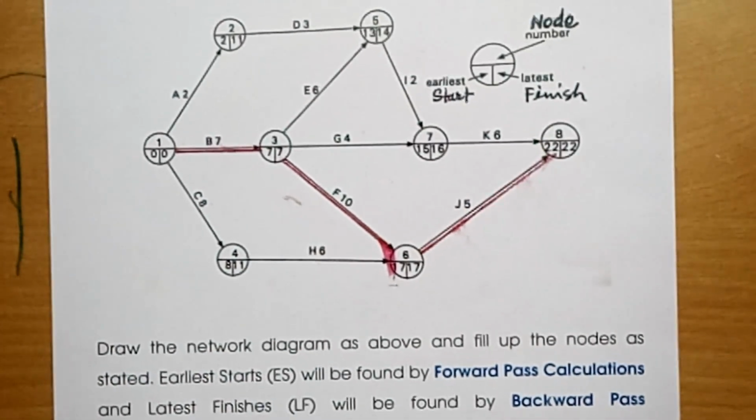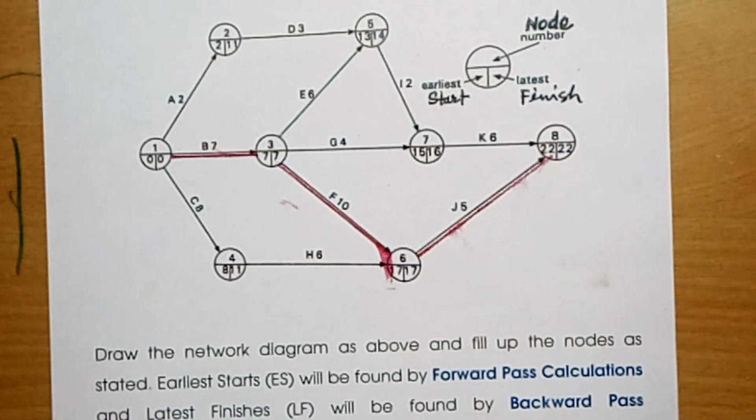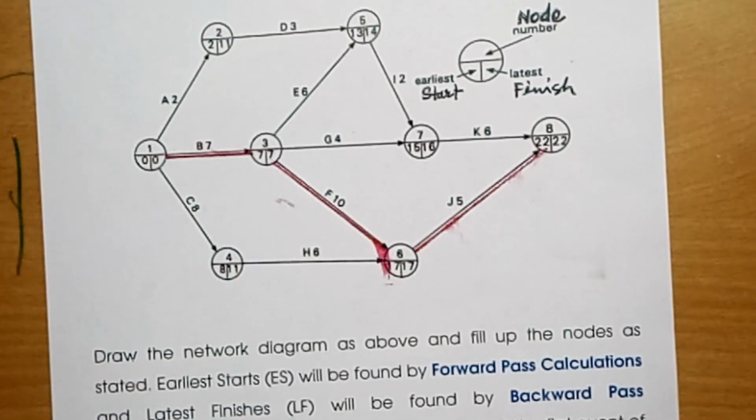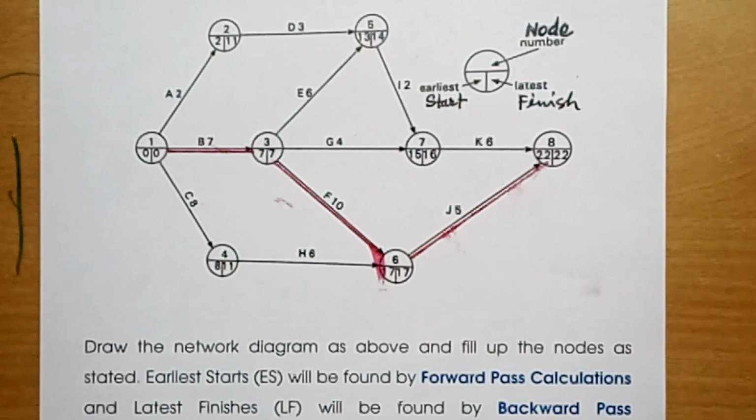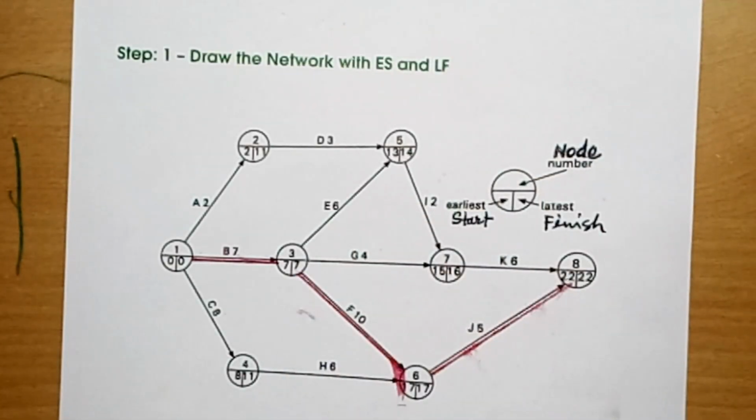Now, obviously, you have understood that there are two methods of finding the critical path. One is to find out the paths, the duration of all the paths, and find the path having the longest duration. Applying this first method, we can find the critical path of this network diagram.